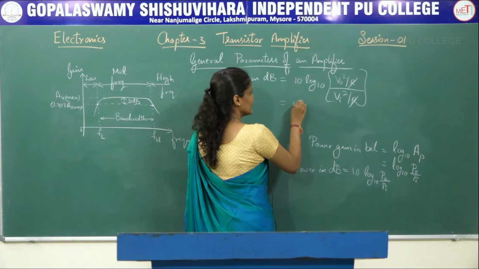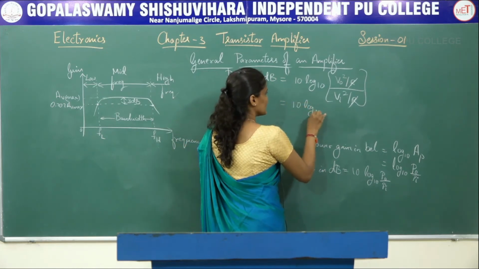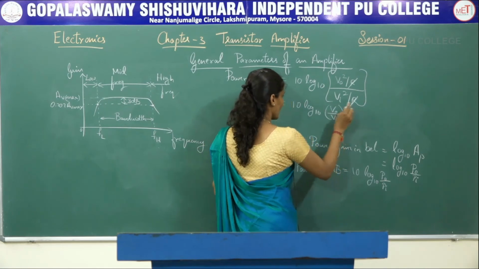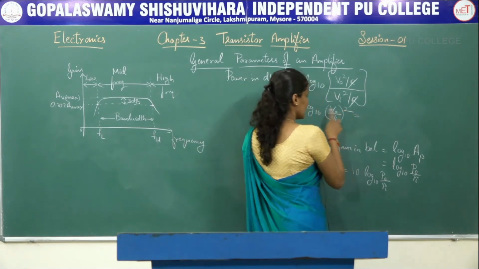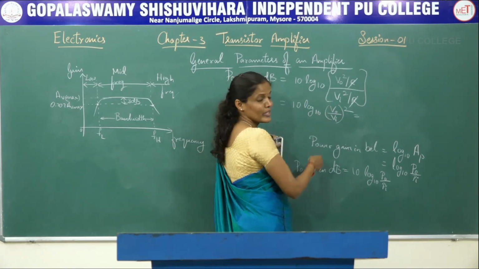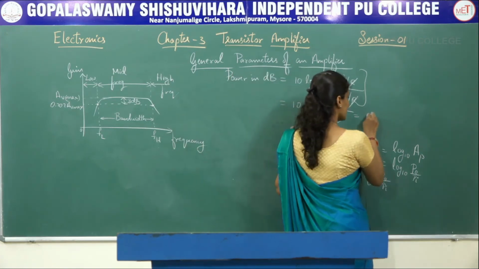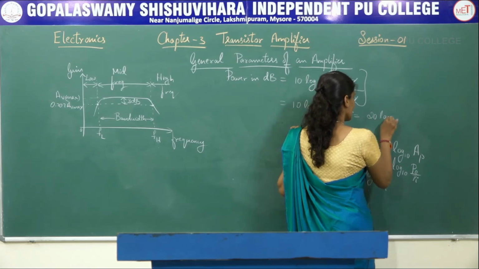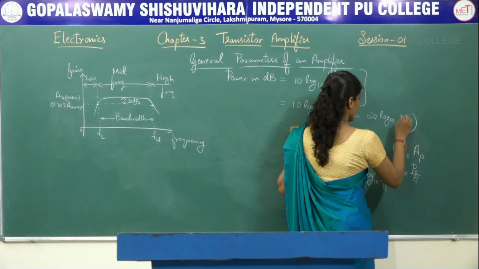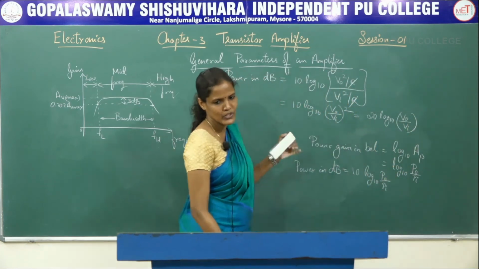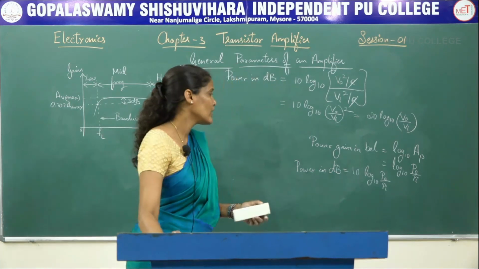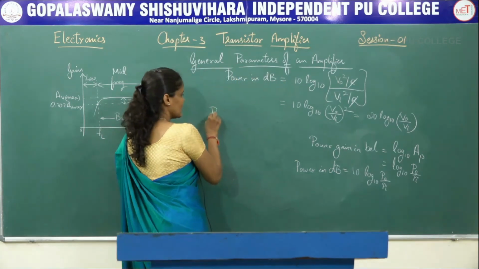I will be left with 10 log to the base 10 of V naught by Vi whole square, or 2 into 10 times log V naught by Vi, that is 20 log to the base 10 of V naught divided by Vi. This is the expression of voltage gain in decibels.